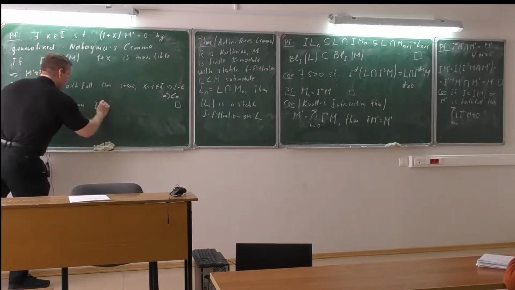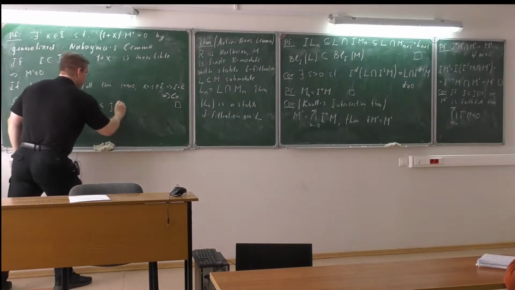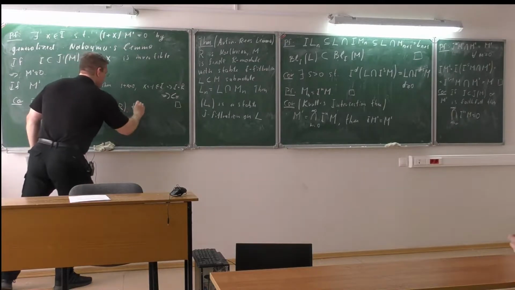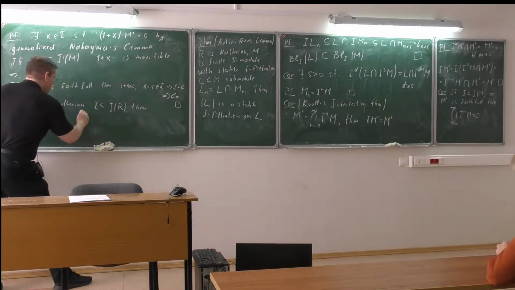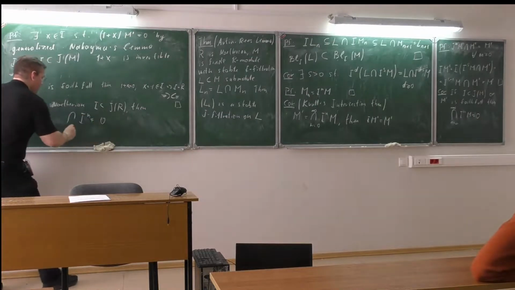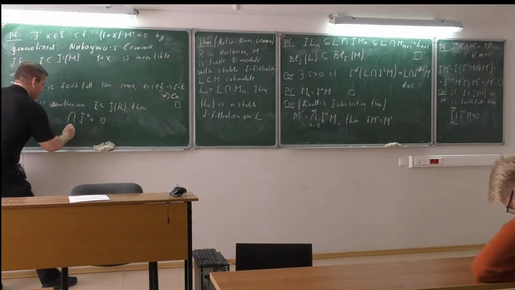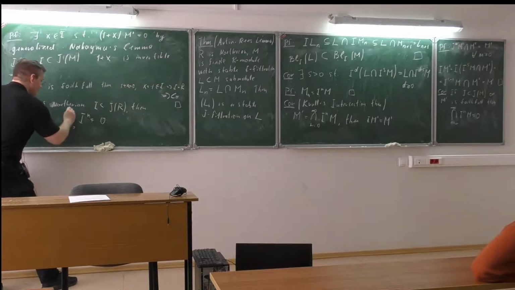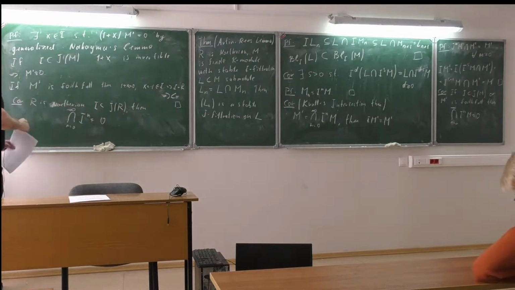You take any ideal in the Jacobson radical of R. Then the intersection of all powers of this ideal is the 0 ideal. So that's a property of Noetherian rings.